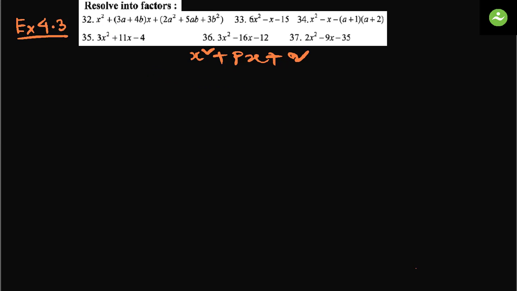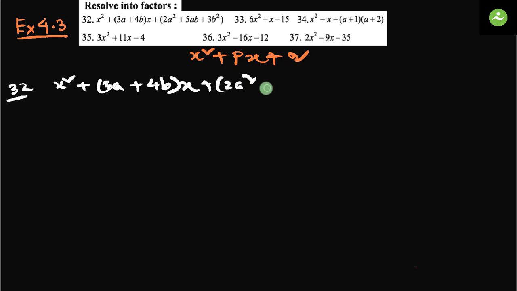Let's start solving. Let's start with number 32. x squared plus (3a plus 4b) into x plus 2a squared plus 5ab plus 3b squared.